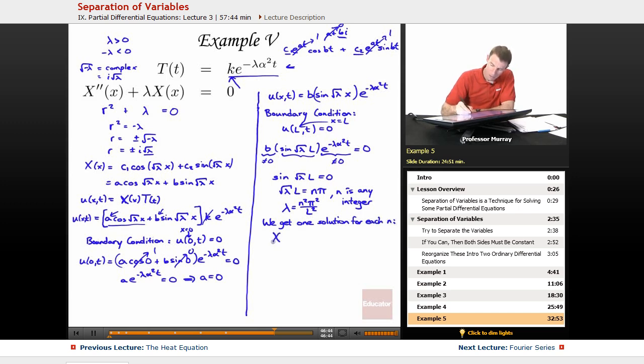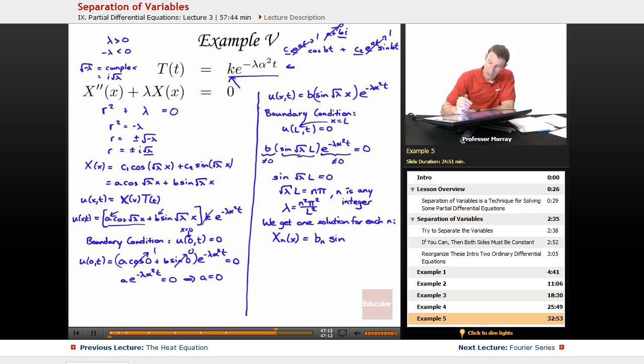So I'm going to write my x sub n of x. Remember, I had an x of x, but what I'm discovering is that for each value of n, I get a different solution. And there's a b there. The b could be anything. I don't know yet what I want b to be, but b sub n sine, I have a root lambda L there.